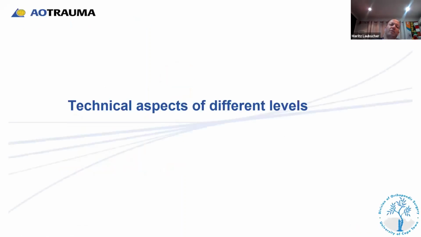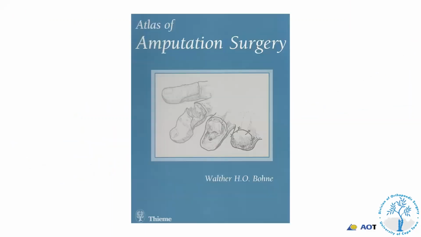So just a few technical aspects on the different levels of amputation in the lower limb. The first thing I wanted to mention is this book. Unfortunately, amputation is a bit of a forgotten art. There's been so much progress in orthopedics, and a lot written on all the modern reconstruction techniques, but amputation surgery is not always well taught.